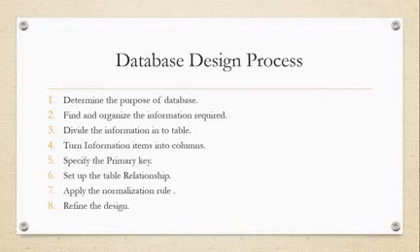Once we get the purpose, after that we get the information, we organize that, after that we divide that information into tables. And we will follow this rule while developing any database design. Make a note of that. Whenever we develop the database design, we follow this rule. Fourth one, turn information items into columns. What does it mean?